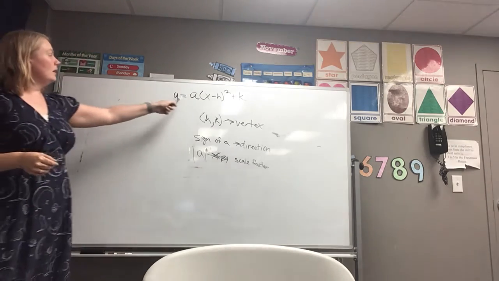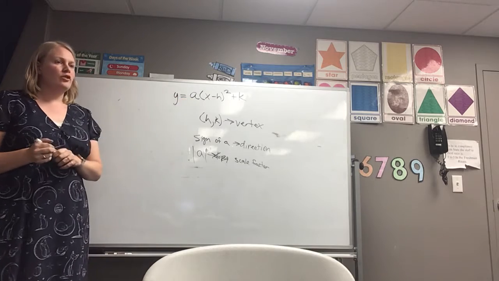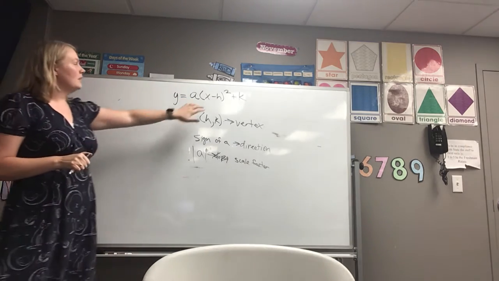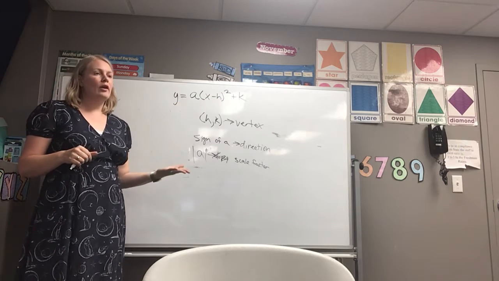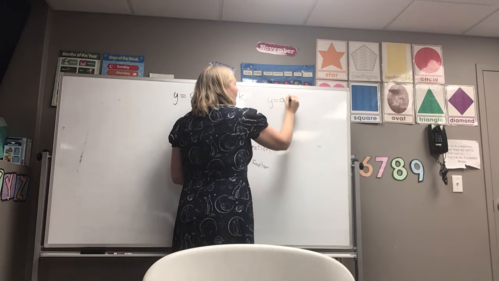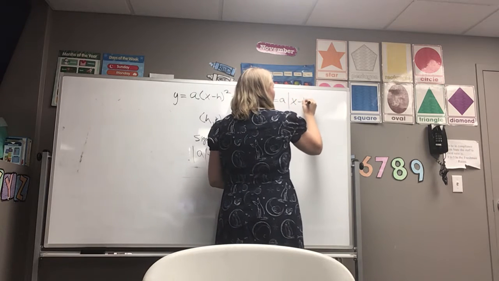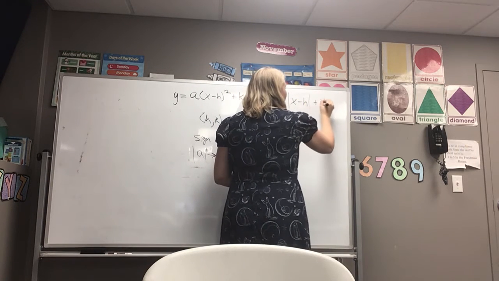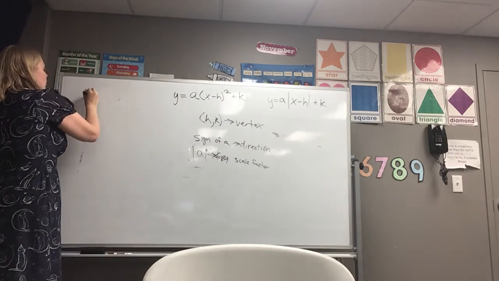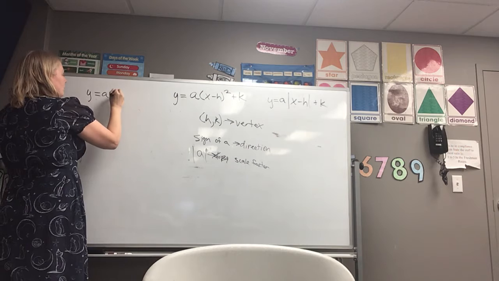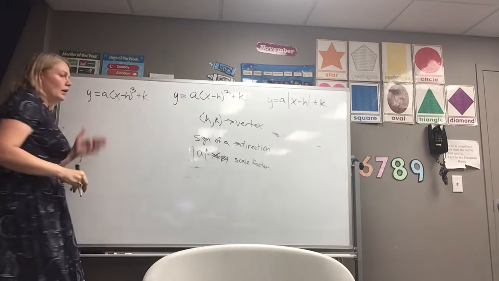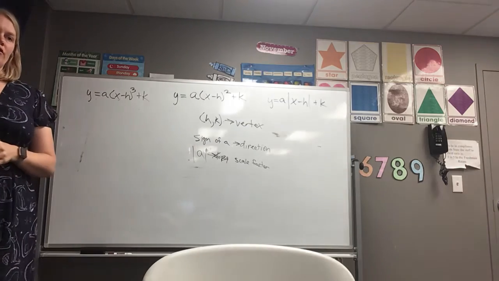The reason I like this equation so much is because it's very versatile. It doesn't have to be squared. It's going to be true if we have an absolute value function. It's going to be true if we have a cubic function.